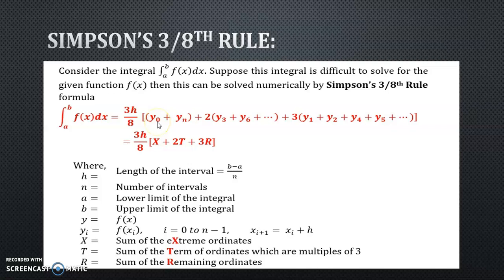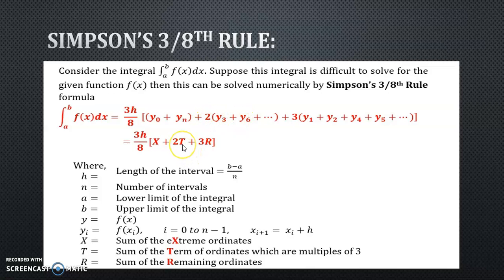So what is the difference here? In all the formulas, the bracket (y0 plus yn) is the same, only these other values change. So what do we have here? We have 2 times the bracket (y3, y6, etc.). If you notice, the subscripts of y are 3, 6, then y9 etc. That means the terms of y whose subscript is a multiple of 3 are taken together and multiplied by 2.